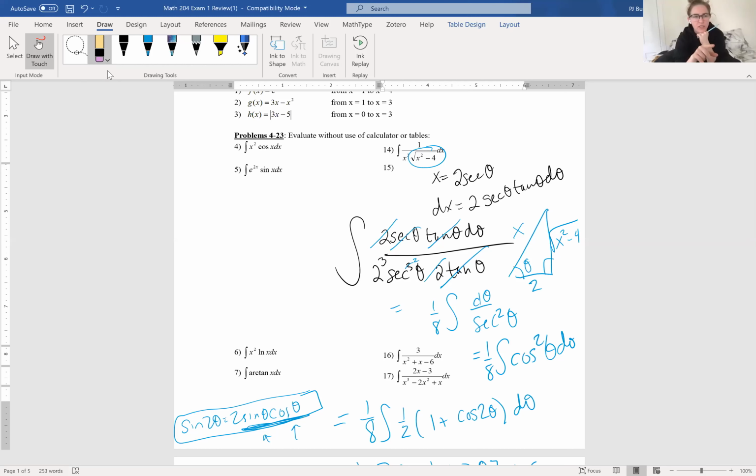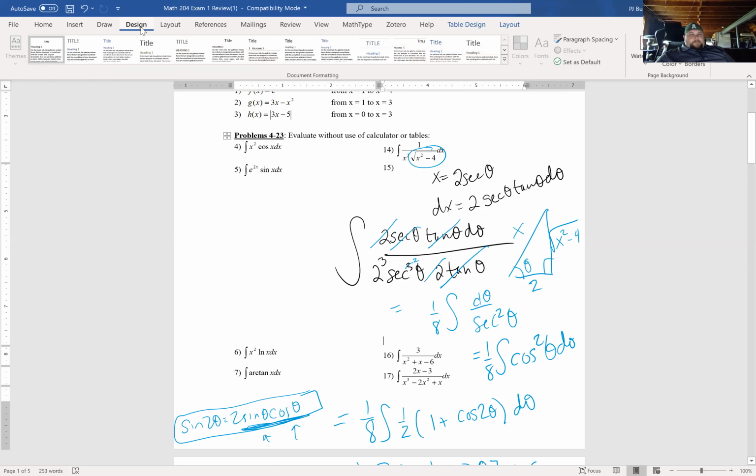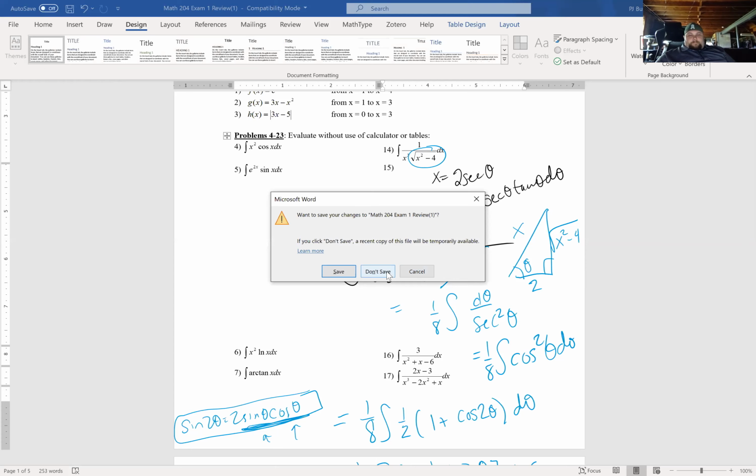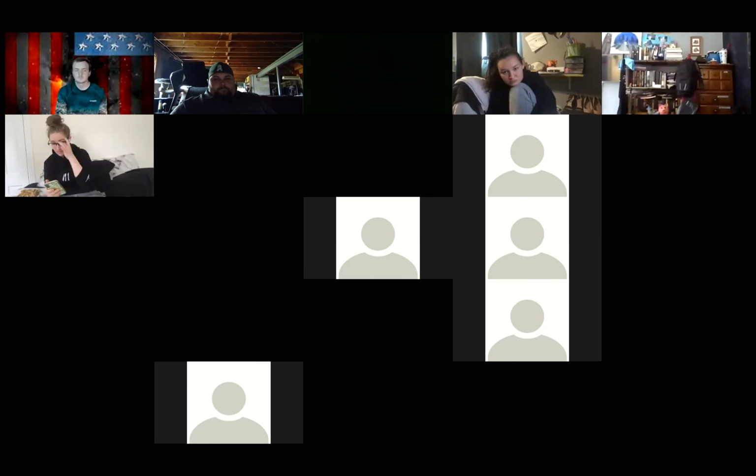Can you right click on select? Will it give you options to select all? Hmm, my computer's losing it. It starts to show something and then it goes away. All right, I'll just do this. I'll just reopen it.